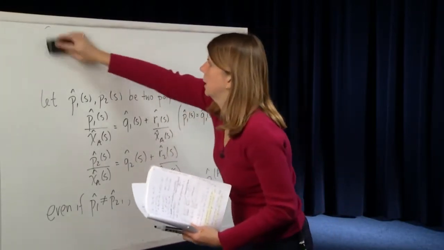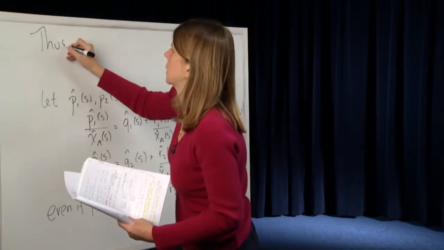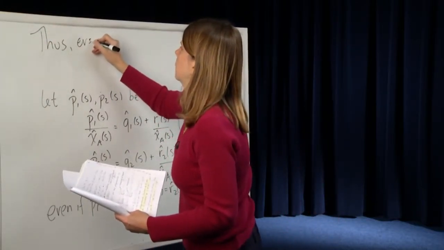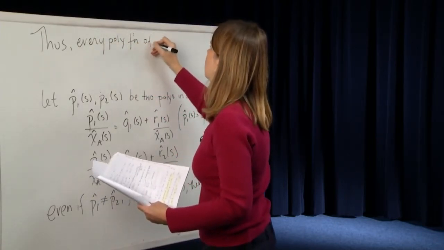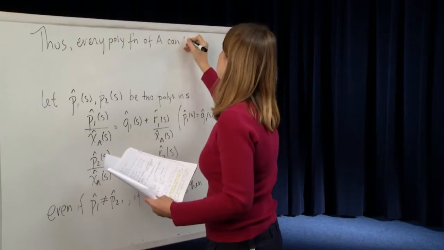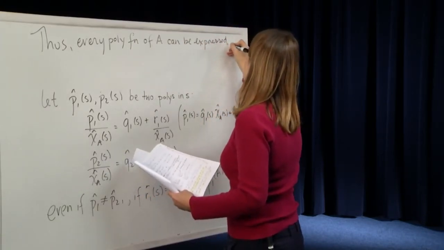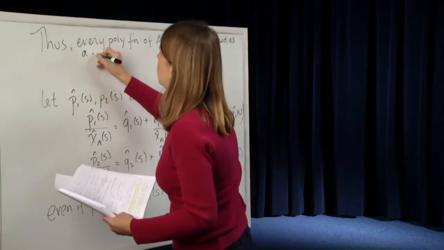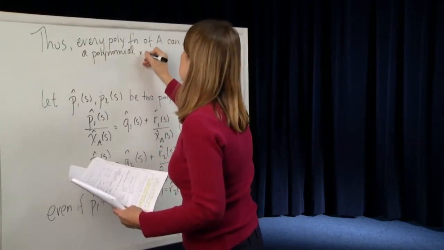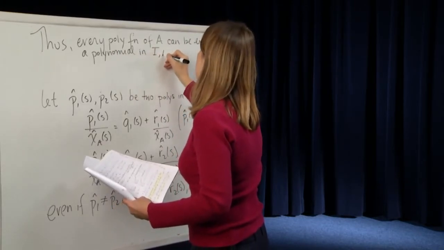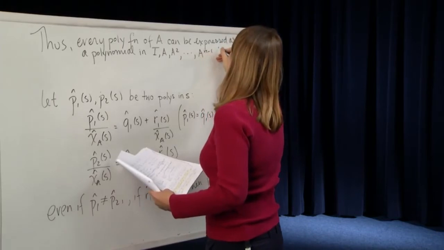Thus, this result tells us that every polynomial function of A can be expressed as a polynomial in A squared up to A to the n minus 1.